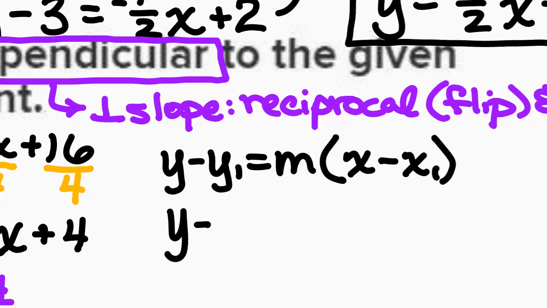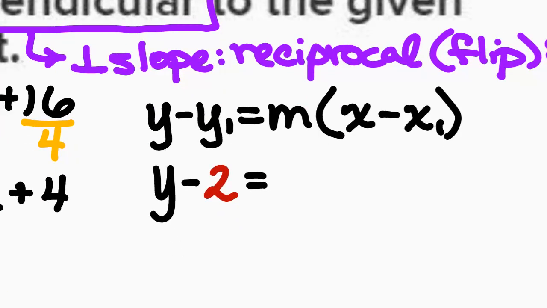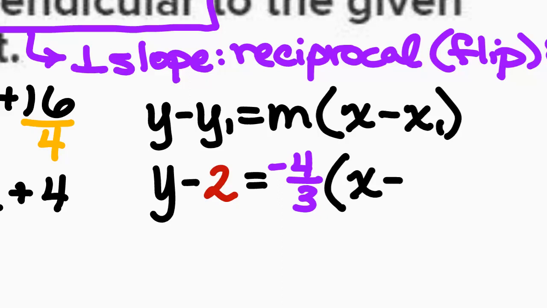All right, so this is going to be y minus what? y minus 2 equals, what goes right after my equal sign? -4/3 in the place for my slope, because I want the reciprocal and opposite, so it's perpendicular. And then x minus 3.